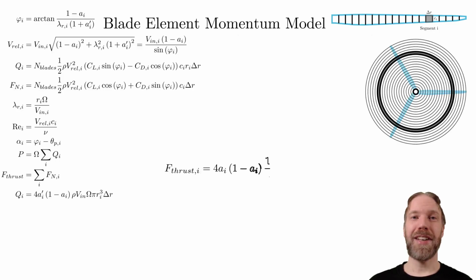The second equation we had is for the thrust, which we derived from conservation of momentum. Note that the thrust and the normal forces are the same. The area is the same as in the previous equation.